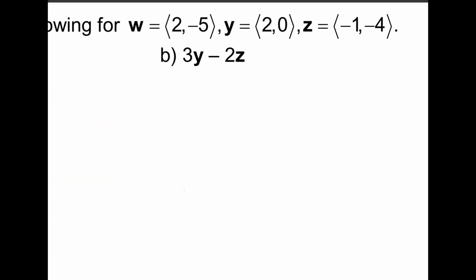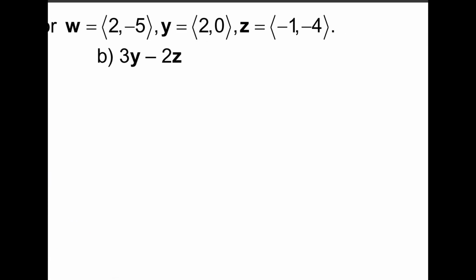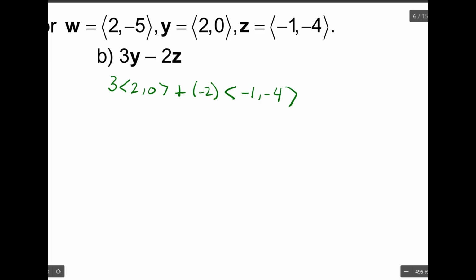Let's go on to the next one. So I have 3 times my y vector, 2 comma 0, minus, well, I could write this as plus negative 2 times my z vector, negative 1 comma negative 4. I'm going to distribute the negative with it.